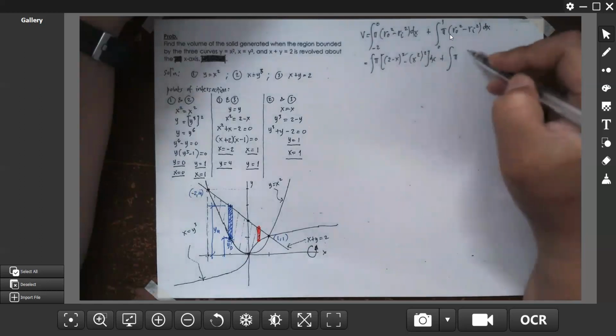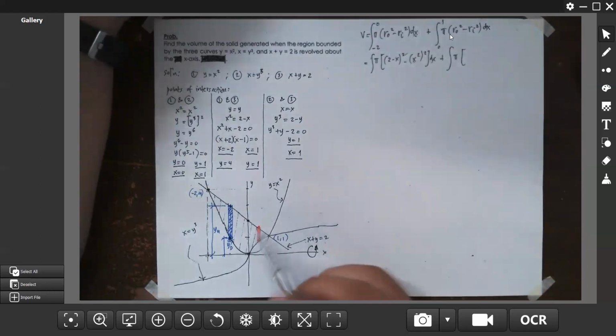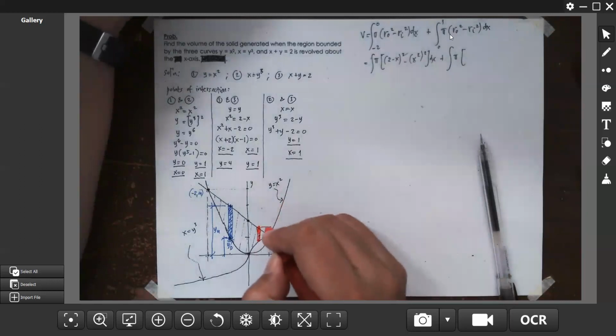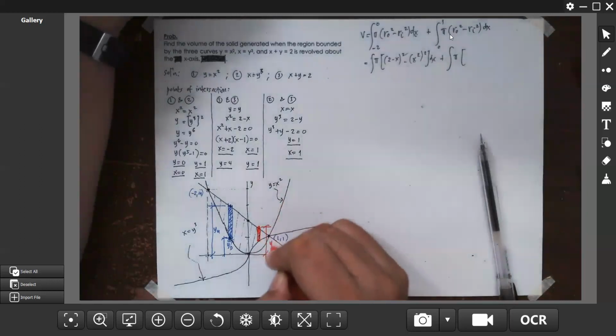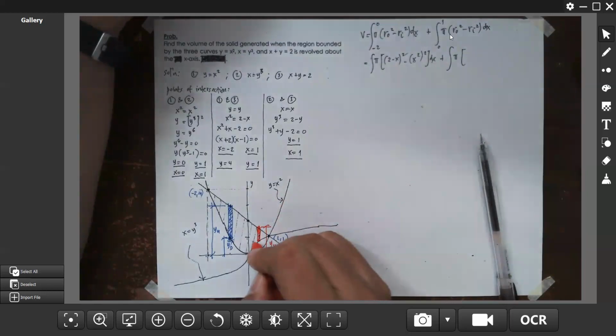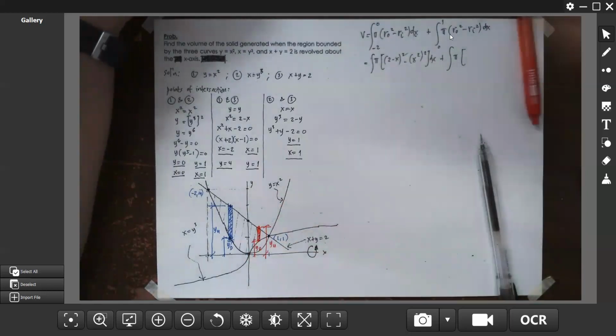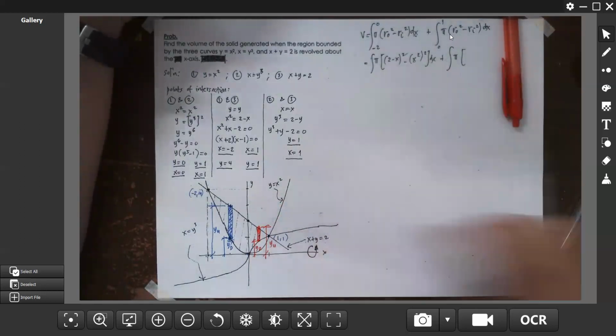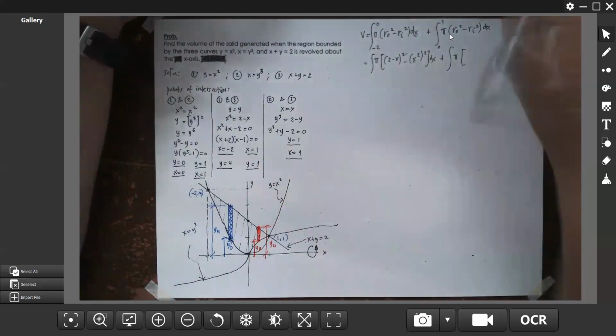Plus the integral of pi. The red one, this is y up. And this one is y down. So the outer radius is y up, the inner radius is y down.